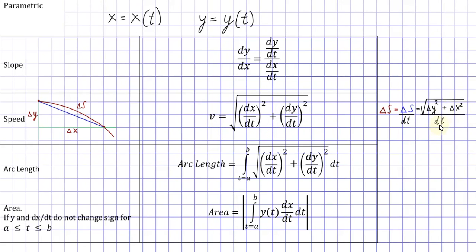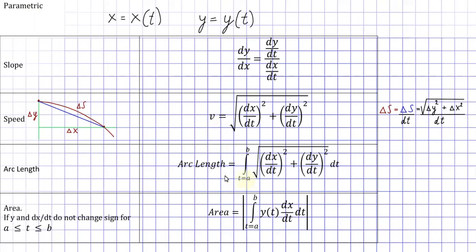And delta x squared divided by dt squared, it will be squared after introducing inside under the square root. So we're going to have dx over dt squared. So those guys are derivatives of the given functions, x as a function of t and y as a function of t. We can calculate derivatives, square them, calculate square root, and we're done. That's the speed. That's the way to calculate speed of a particle in parametric settings system.